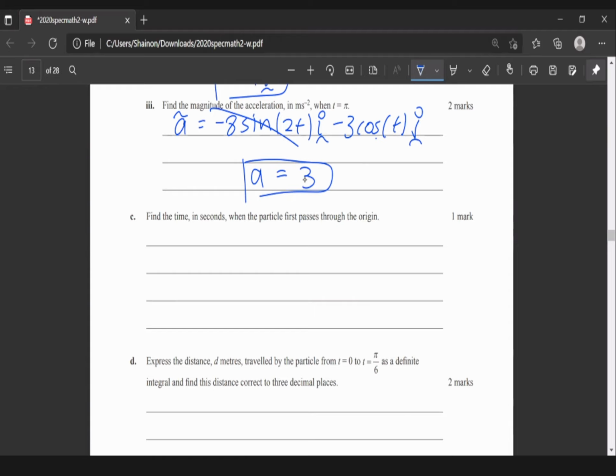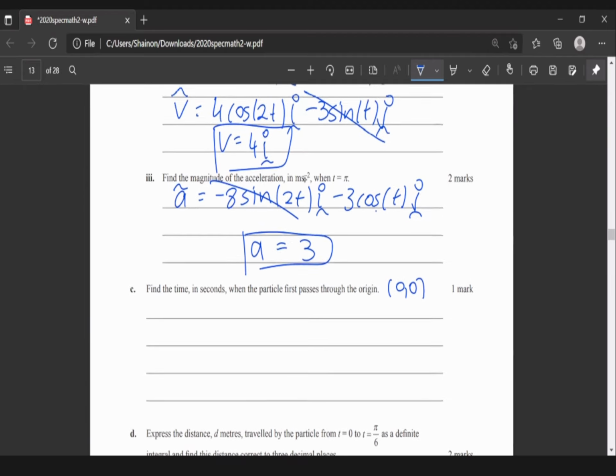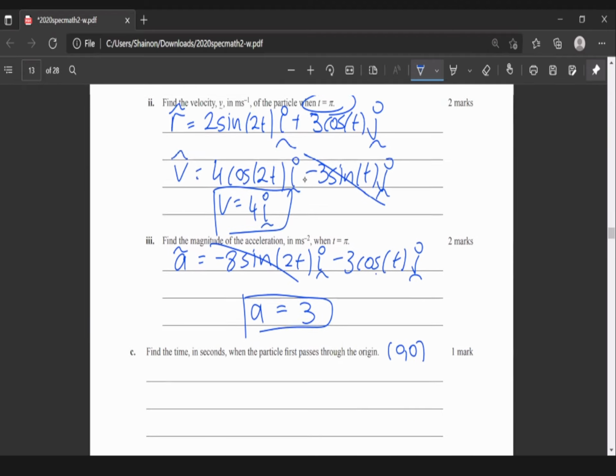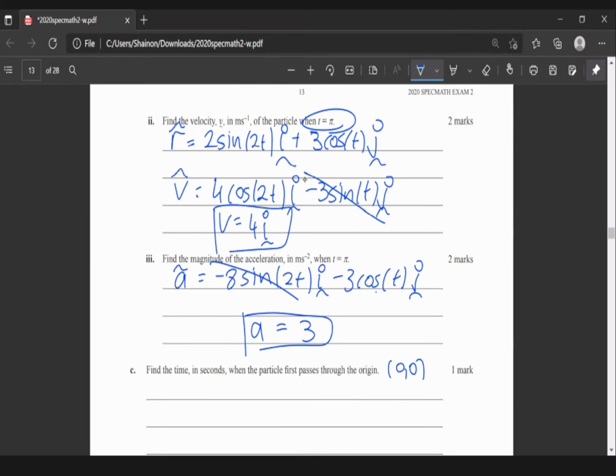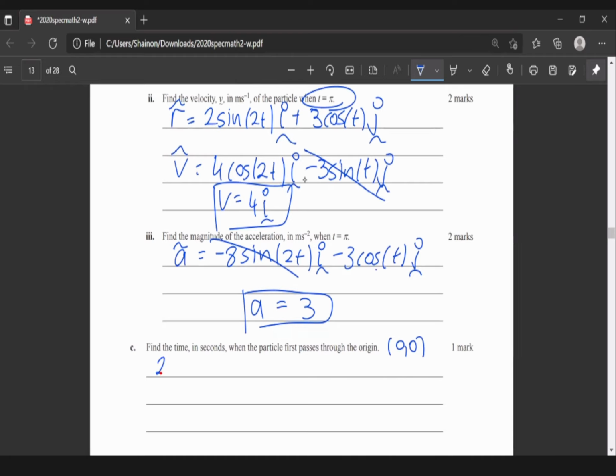Find t in seconds when the particle first passes through the origin. 0, 0. So the x and y components equal 0, so 2 sine 2t is equal to 0, and 3 cos t is equal to 0.